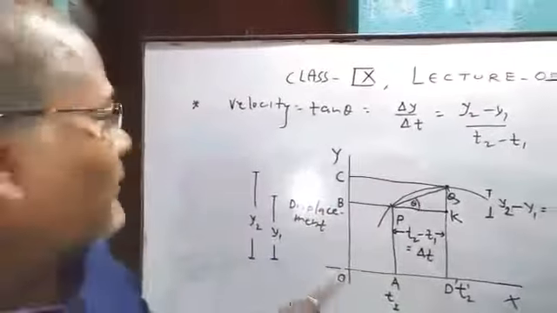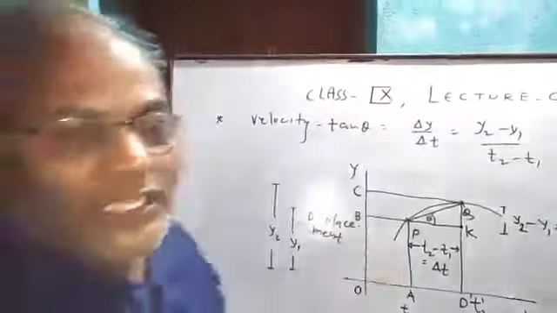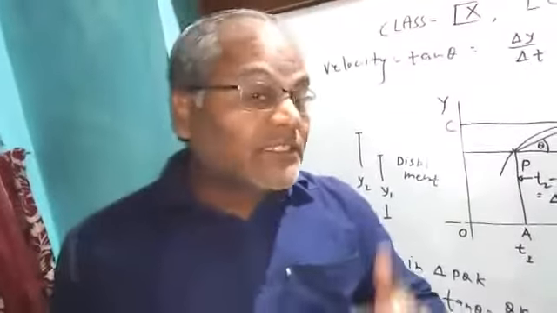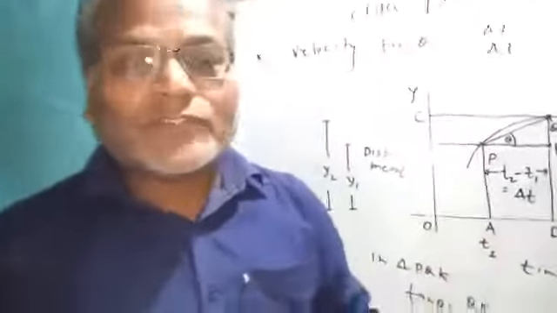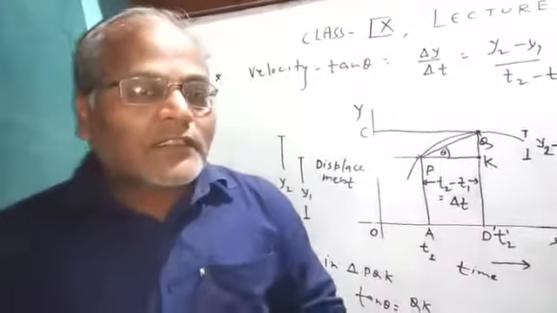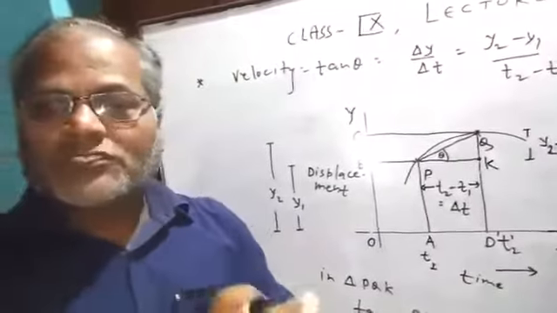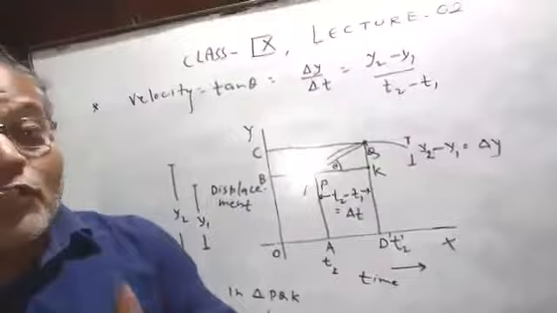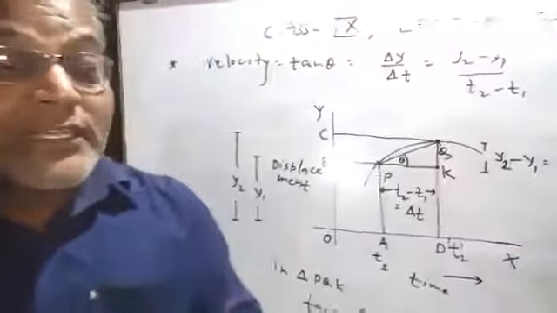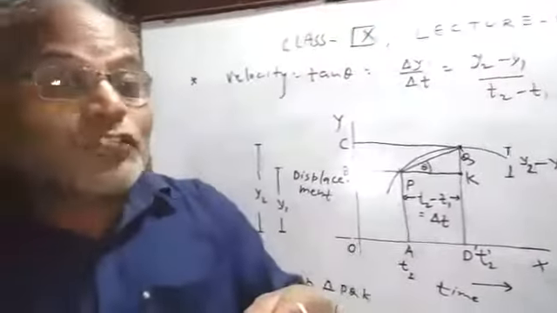In the position time graph, the velocity is always equal to tan theta, and the main reason is why we draw the tangent at any point on its curve, which represents the vectorial direction of velocity. In other words, to get the vectorial direction of velocity on a position time graph, we draw the tangent at that point. Let us suppose a body starts moving on a circular path and we want to get the direction of velocity.